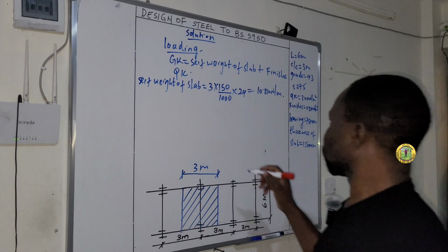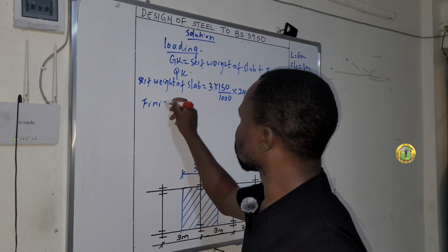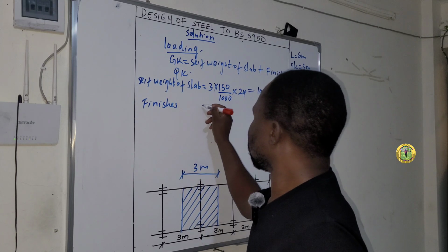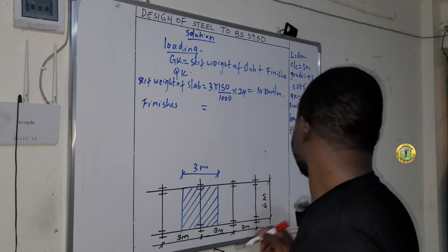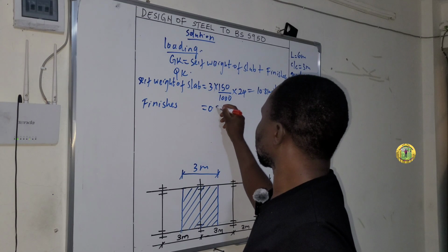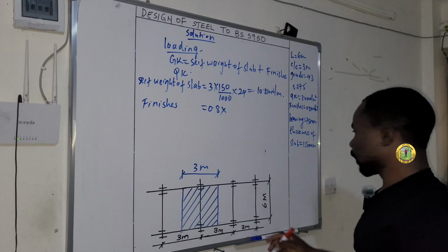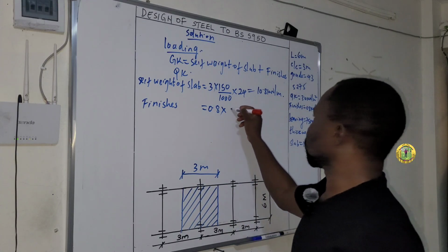We also have the finishes. So finishes is equal to 0.8 kilonewton per meter square times 3.